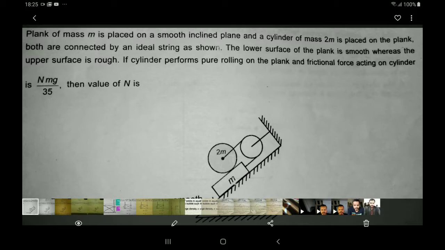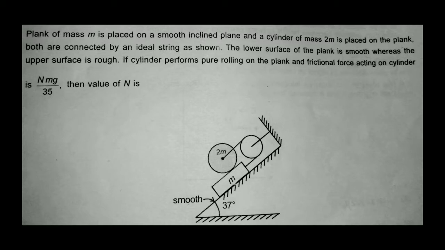This is a problem in front of you, and this problem is a very good problem of rotation which also involves Newton's laws. If you solve this problem, what benefits are you going to get? First of all, you will understand clearly what is pure rotation.